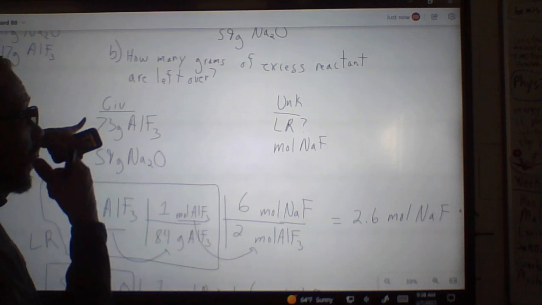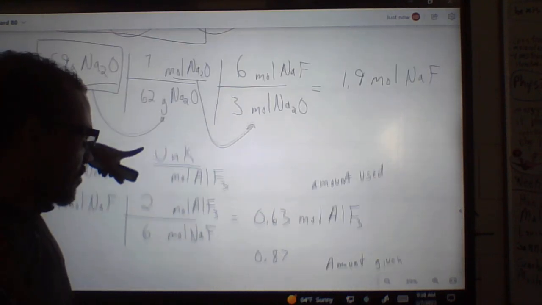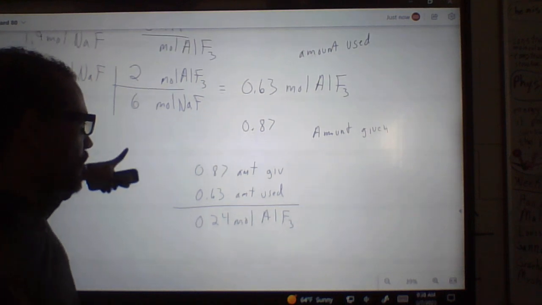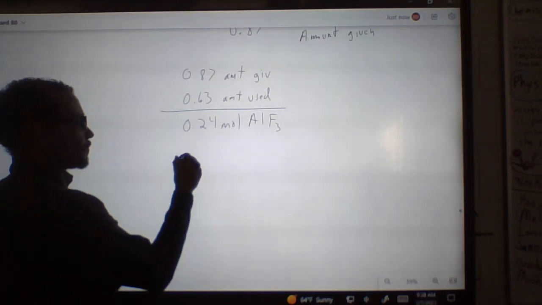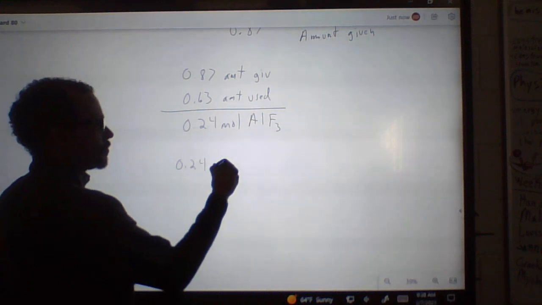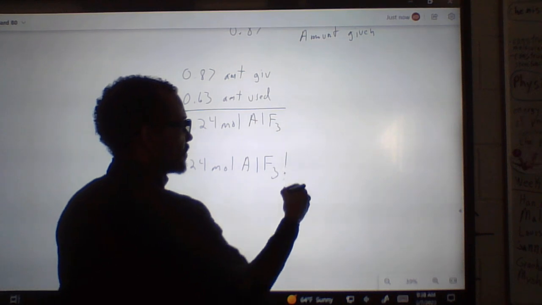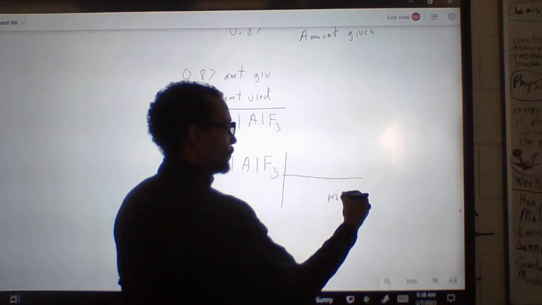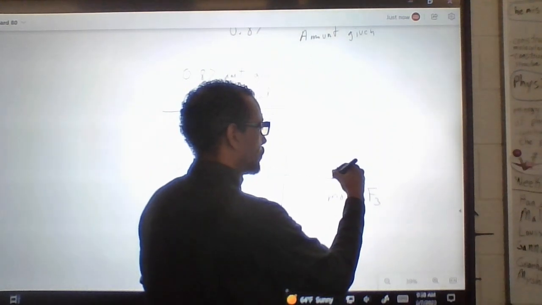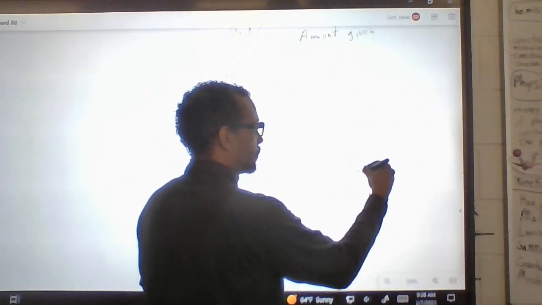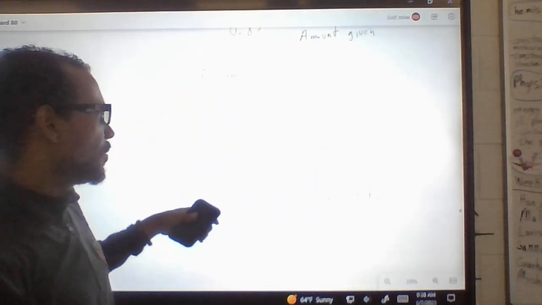This, how many grams of the excess reactant are left over? Man, Mr. Cantor gave us a tough one on this one. So now this is just a molar mass conversion. So for molar mass, draw my T-chart. Anytime I go from moles to grams, I put a 1 there.